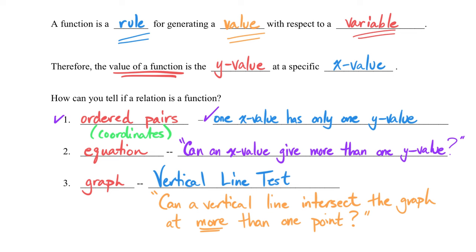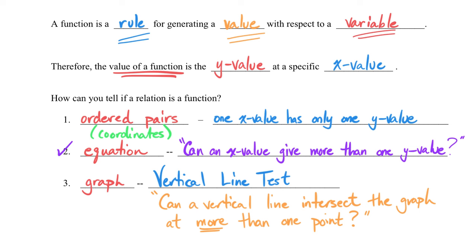Okay, let's take a look at number 2. Maybe I give you the relation as an equation. I'm going to argue that is the most difficult way to determine whether something is a function. So how do you do it? Take a look at the purple. The purple is a question that you actually want to ask yourself, and depending on your answer of yes or no, that'll tell you whether it's a function.